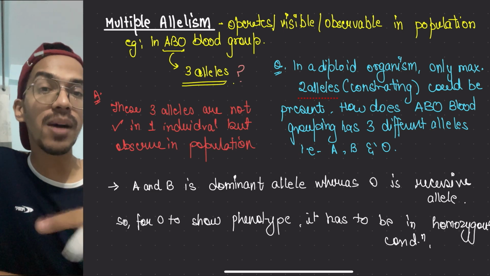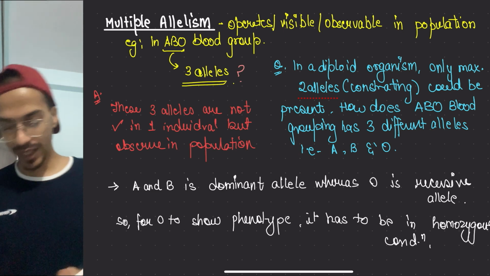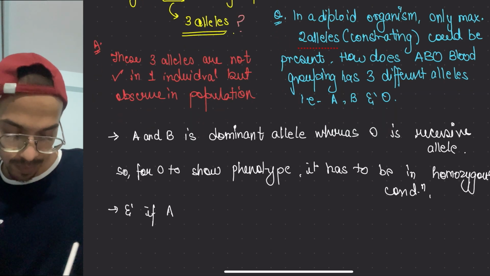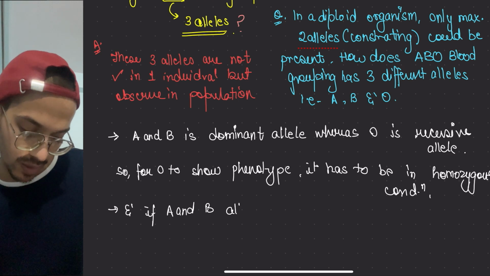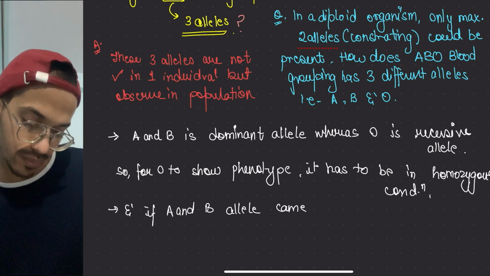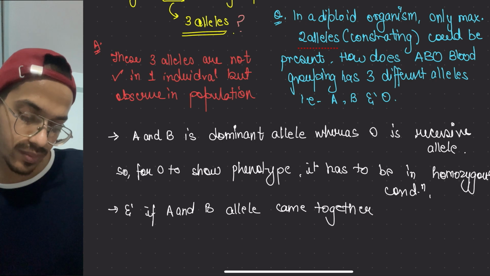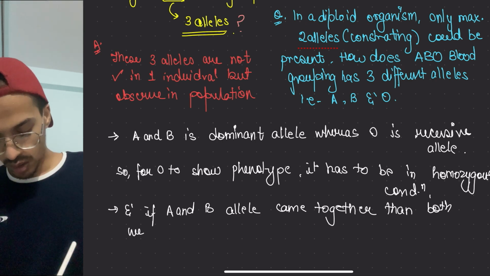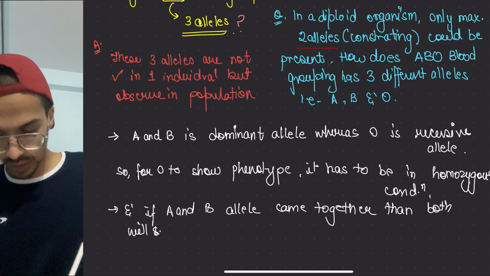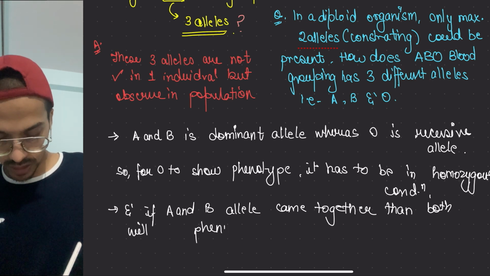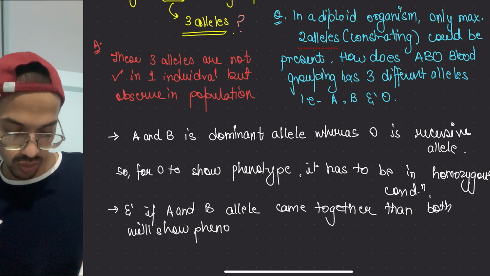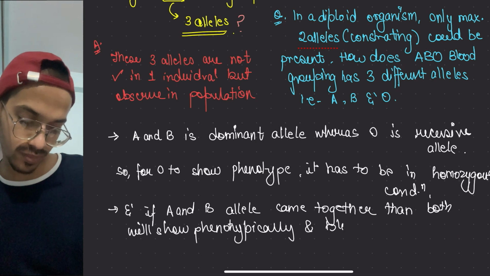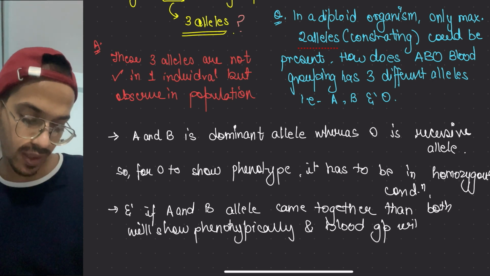Some people have blood group AB. If A and B alleles come together, then both will show phenotypically, and the blood group will be AB.